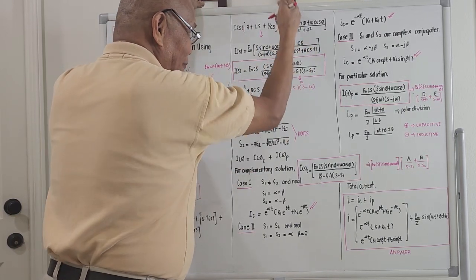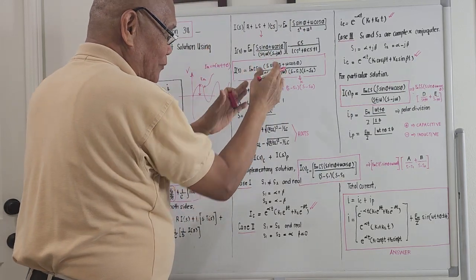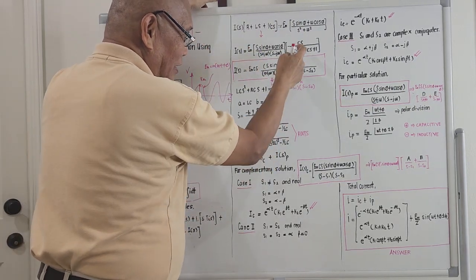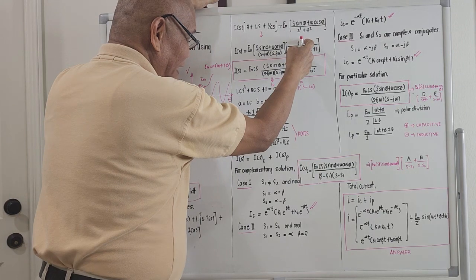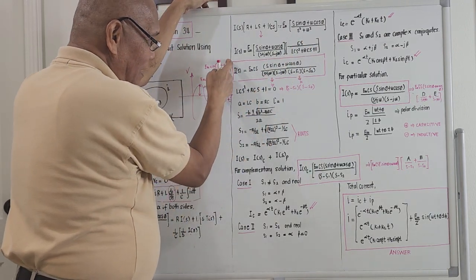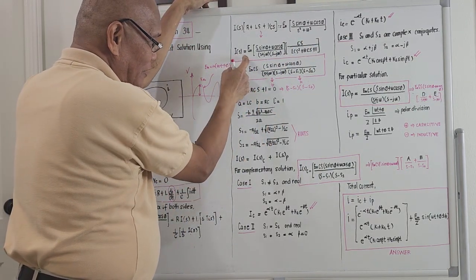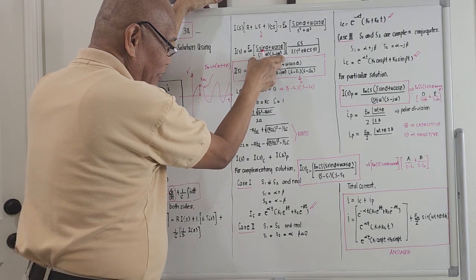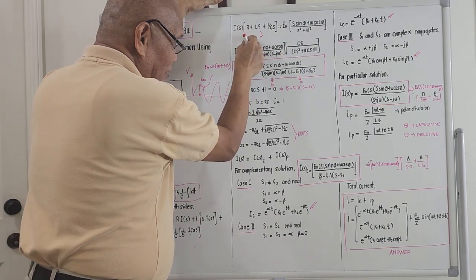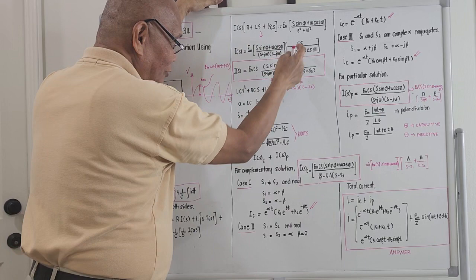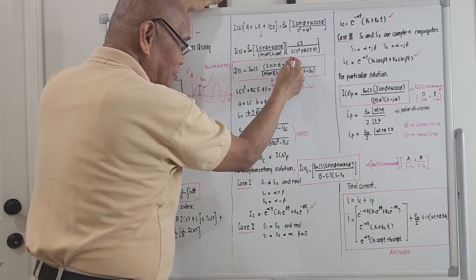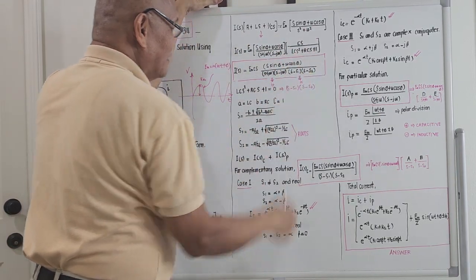So this will go up, because if we change the operation from division to multiplication, this should go up. So I as a function of S should be E sub m times this quantity here, all over this, but the simplification of this is actually CS all over LCS squared plus RCS plus 1.